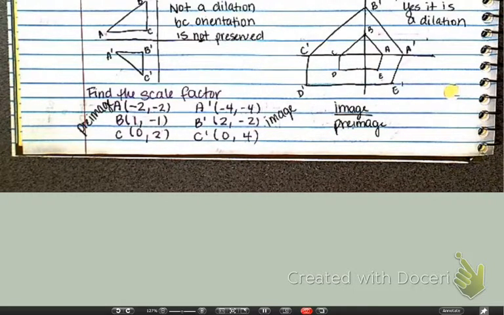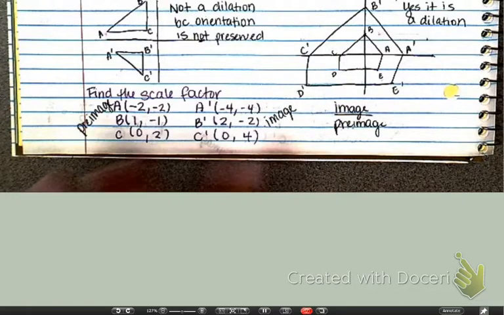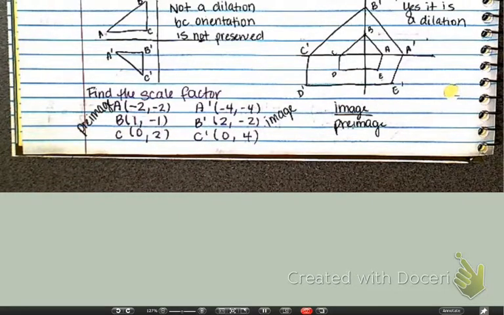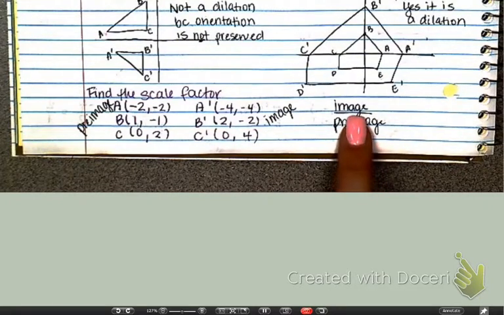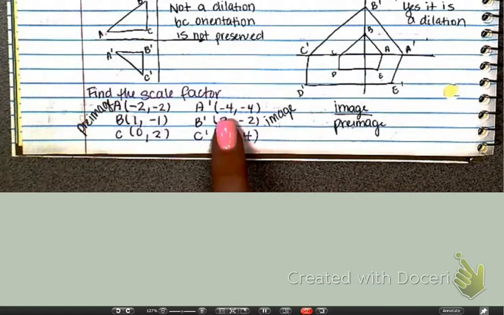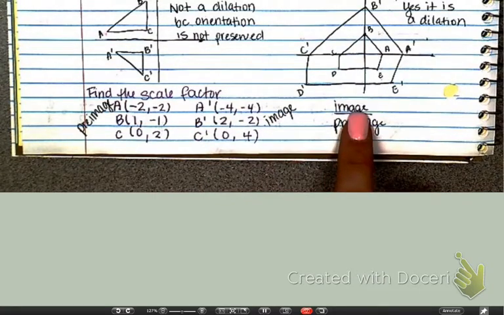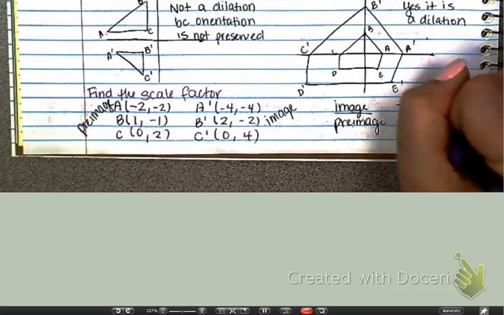Now, you can use side lengths. Here we don't have side lengths, but we do have coordinates. I'll show you how it works with all of them, but we're just going to pick one. I'm going to look at the coordinates for A and A prime, and I'm just going to look at the X value. What is the X value for A prime? -4, right?